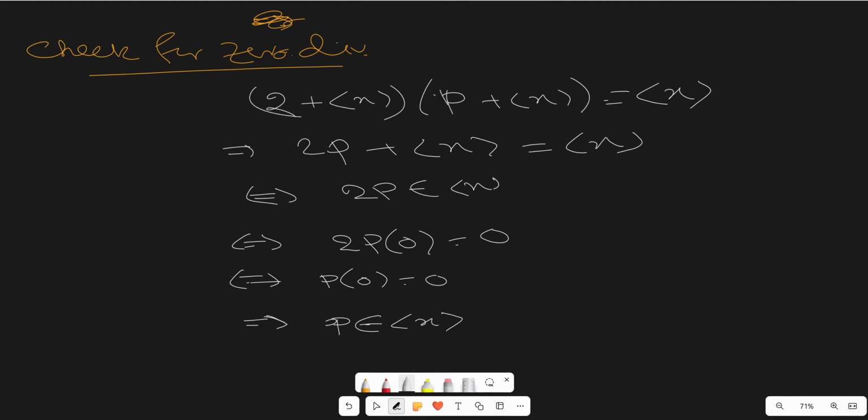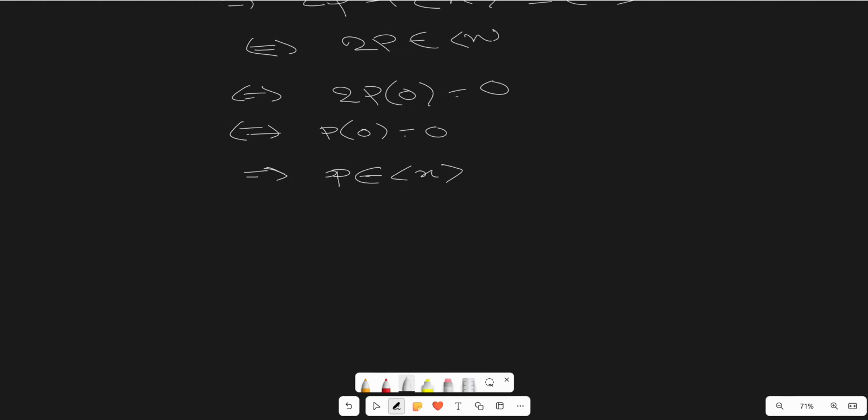If p is in the ideal generated by x, then p plus the ideal generated by x is the ideal generated by x. This is already contained in there, it is already a member of that. Are you getting my point? p plus the ideal generated by x is nothing but the ideal generated by x, because p is already an element of the ideal generated by x. So this implies that this is the zero element.